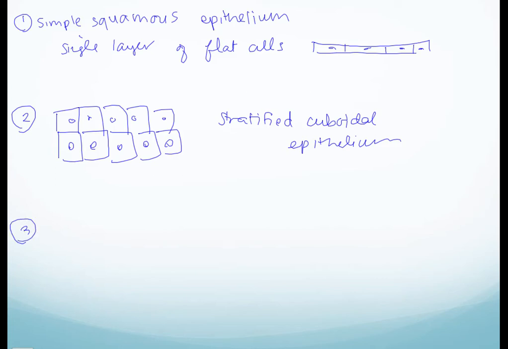And then finally, how would you describe this type of tissue? Good. Simple cuboidal epithelium.